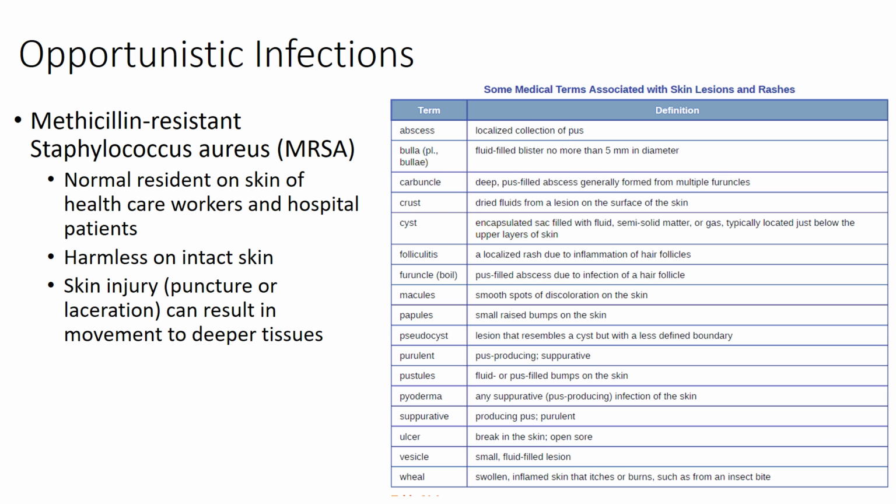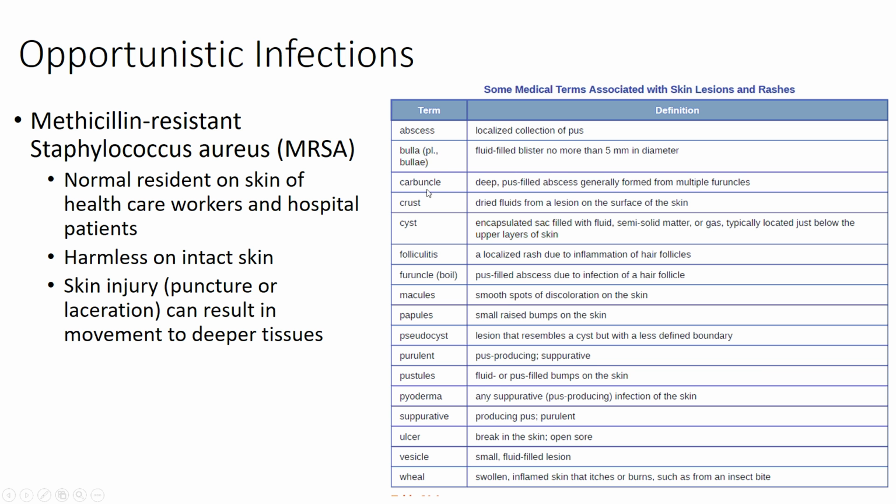Then we get things like pimples, cysts, common issues that all of us are familiar with. If you've ever heard of someone having an abscess, it is just a localized area of pus. Pus is a collection of dead white blood cells. If you have a collection of white blood cells, that means you've most likely had something that your immune system has killed.